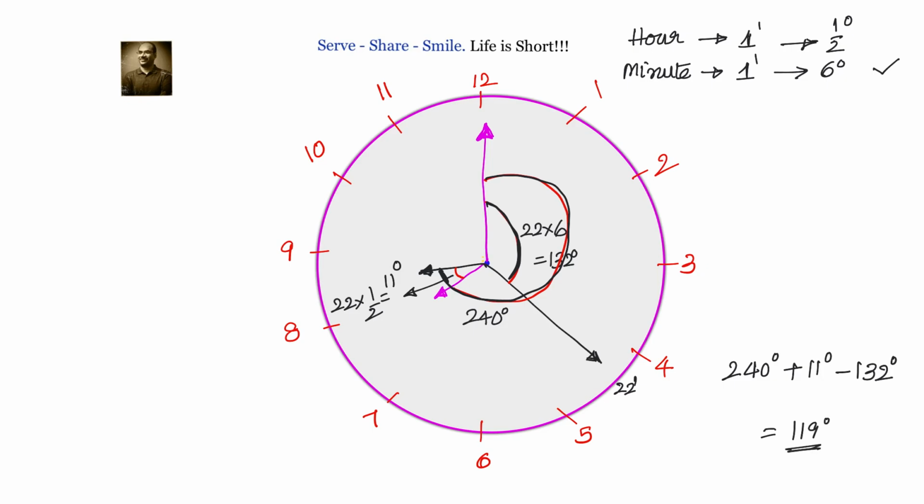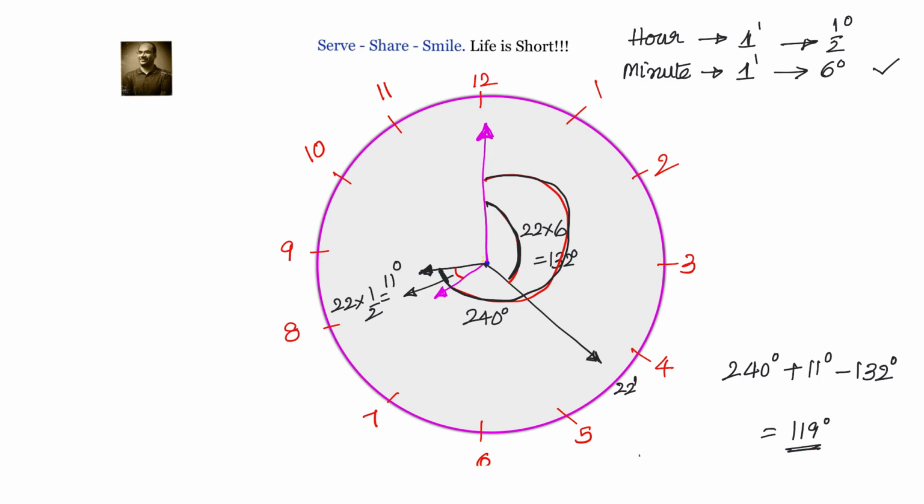So the angle between the hour hand and the minute hand when the time is 8:22 or 20:22 in the digital clock is 119 degrees. This is the one angle we had, 119 degrees. The other angle is 360 minus 119, which is the reflex angle of this, that is 241 degrees. If you are talking about the smaller angle which is formed, then it is 119 degrees.